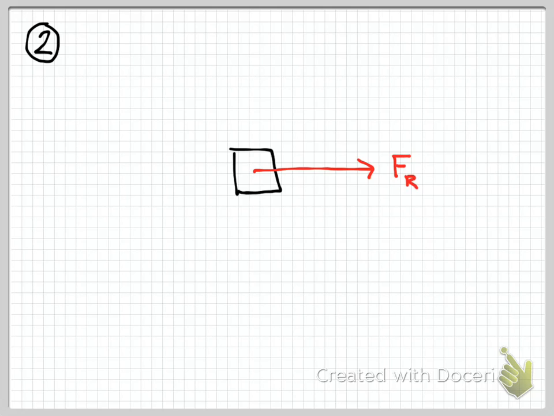So we could say force to the right of 82.0 newtons. And we want to remember to try to make these things at least roughly proportional. So we want our line to the left to be bigger than our line to the right. So this would be force to the left of 115 newtons.